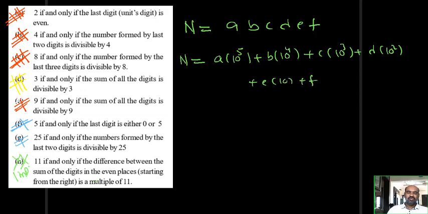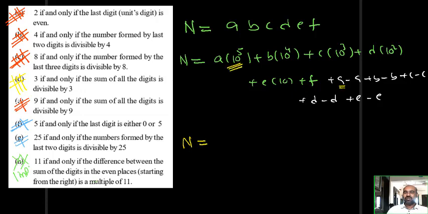Here also simply I want to add a and subtract a, add b and subtract b, add c and subtract c, add d and subtract d, add e and subtract e. I don't want to add f, already f is there. Now the grouping concept, just like the divisibility rule of 9.